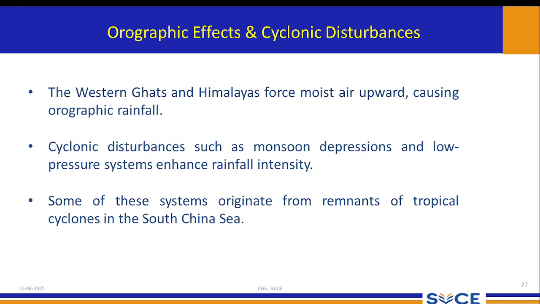Cyclonic disturbances such as monsoon depressions and low pressure systems enhance rainfall intensity. Some of these systems originate from the remnants of tropical cyclones in the South China Sea. Have you thought about why there is very heavy rainfall during the cyclone period? Underline the words enhance the rainfall intensity.